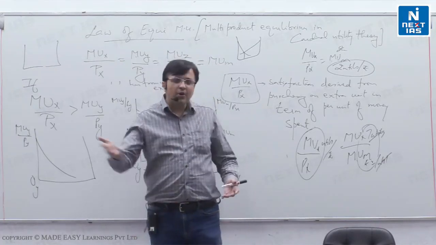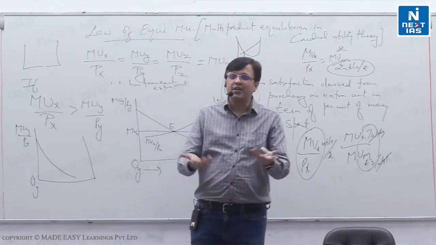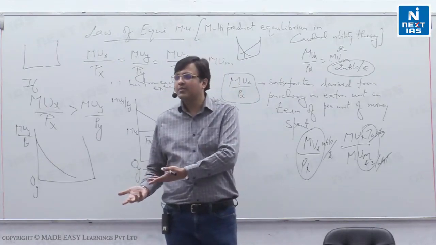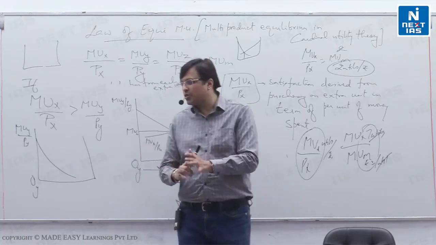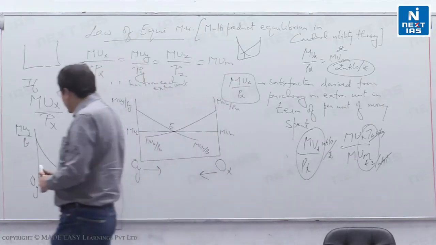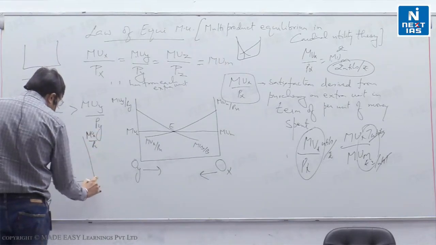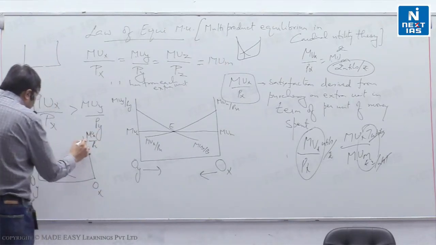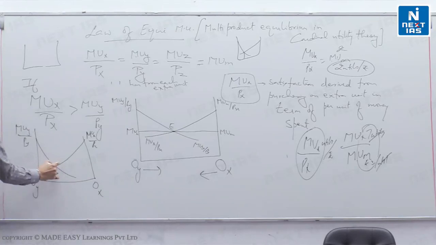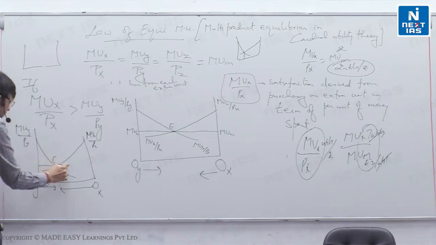Why? Because now it is a boring thing. The luxury has become a necessity. Your valuation has come down. So what I'm trying to teach you is that in case of luxuries, if I believe X is a luxury, then your willingness to pay will be quite high and you will be willing to buy more of X compared to Y in equilibrium, assuming this as MUM.